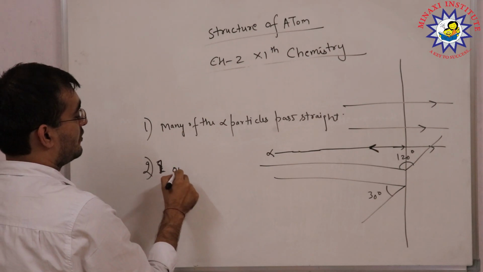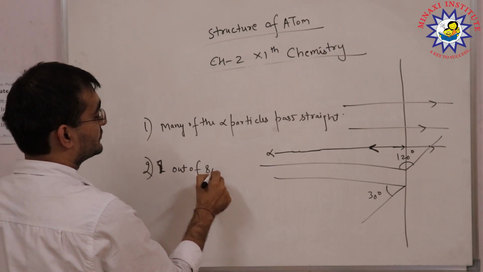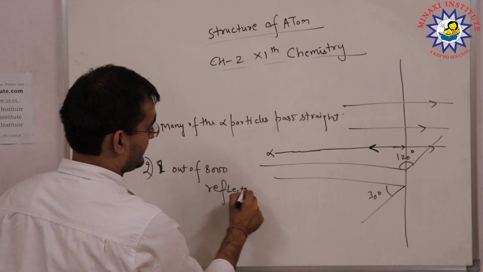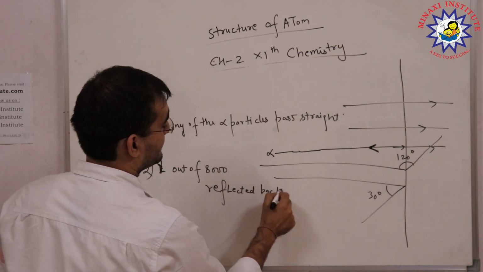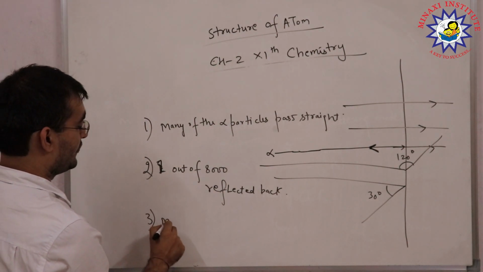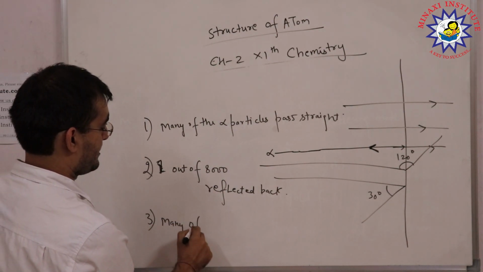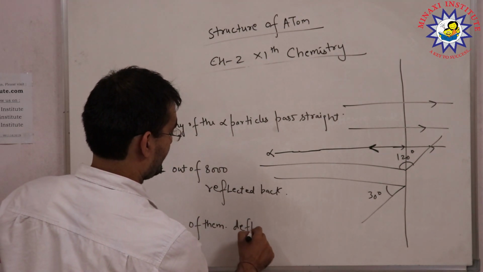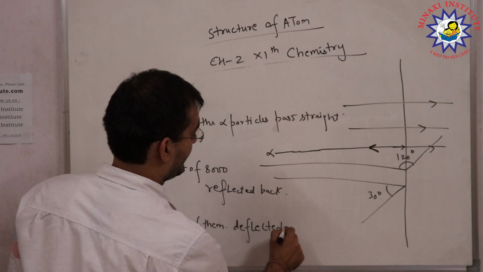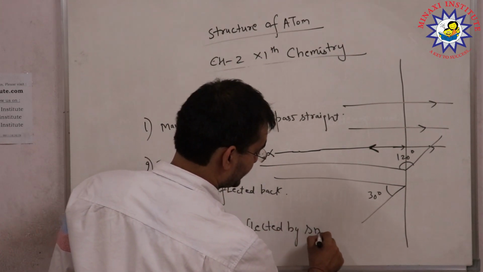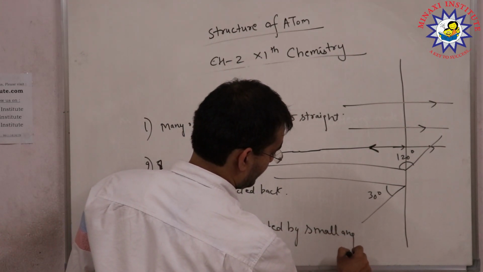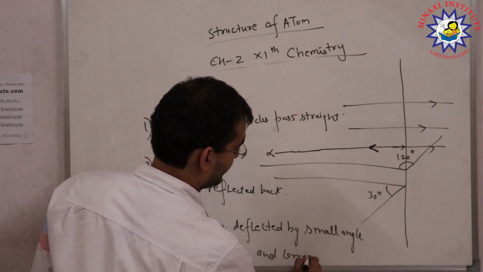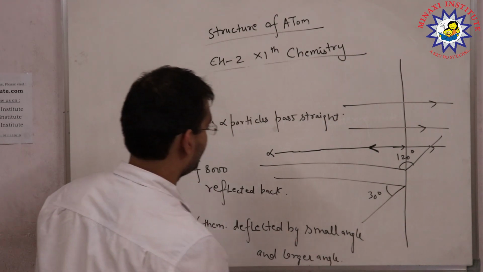One out of 8,000 is reflected back. Many of them are deflected by small angles and larger angles. Please note it down.